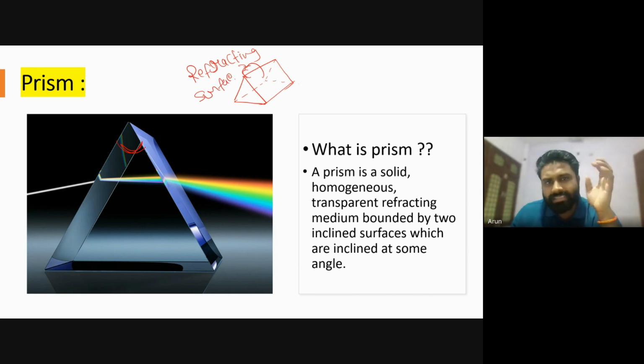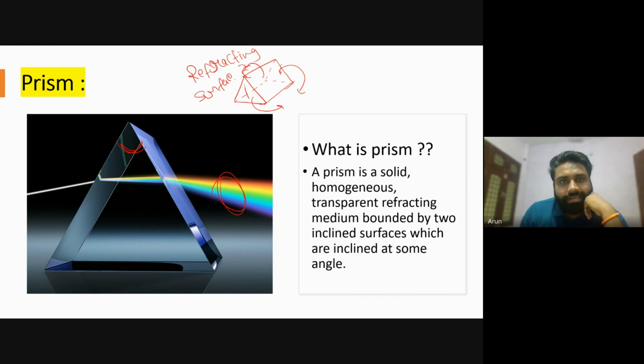Although a prism has many surfaces, this is also a surface, the back side one is also a surface. These two are surfaces, but they are not responsible for the phenomena that is taking place here. Why? Because these two surfaces are parallel to each other, not inclined at some angle.